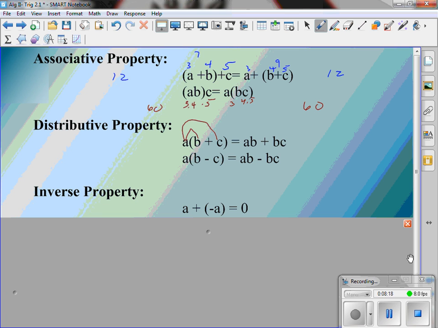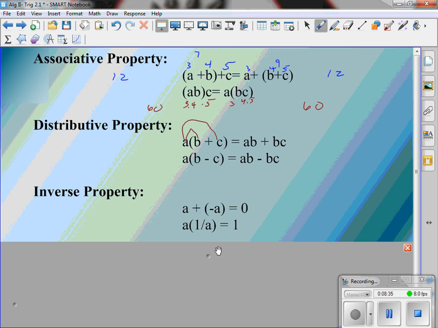For multiplication, what's the inverse of A? Nope, negative A is for addition. Not negative 1 over A, just 1 over A. The inverse of A in multiplication is 1 over A.